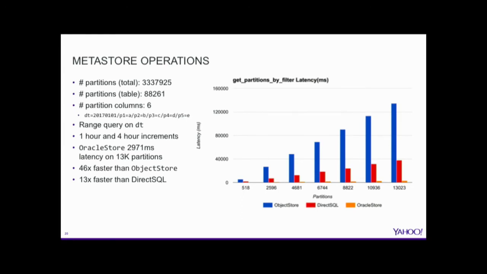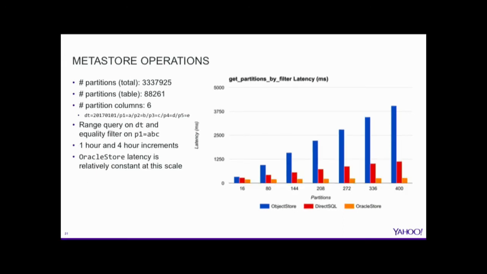But it's still being constrained by the underlying schema and the DATANUCLEUS framework. So freed of these constraints, OracleStore was able to generate the same result set and return it back to the client in just under 3 seconds. That's 46 times faster than the DATANUCLEUS implementation and 13 times faster than DIRECTSQL. So we were, of course, very happy about these results.